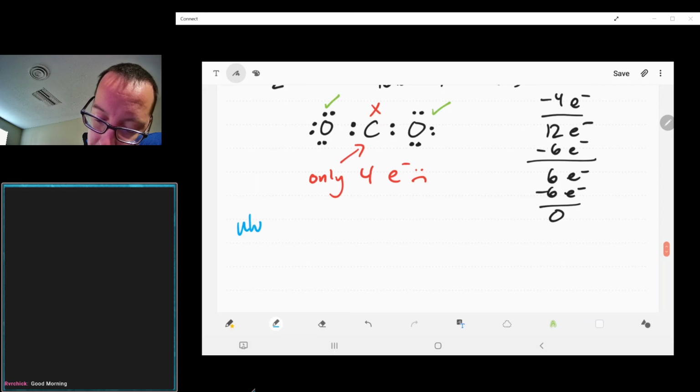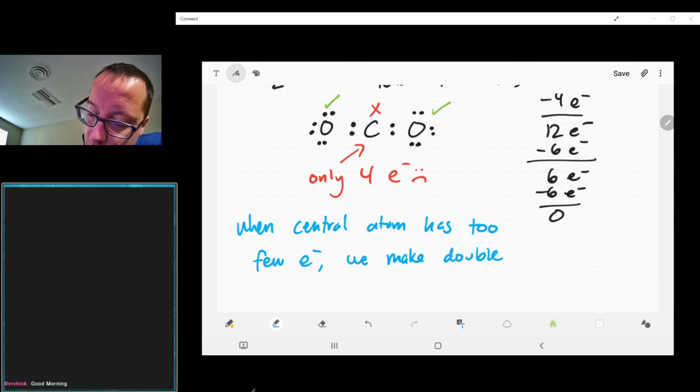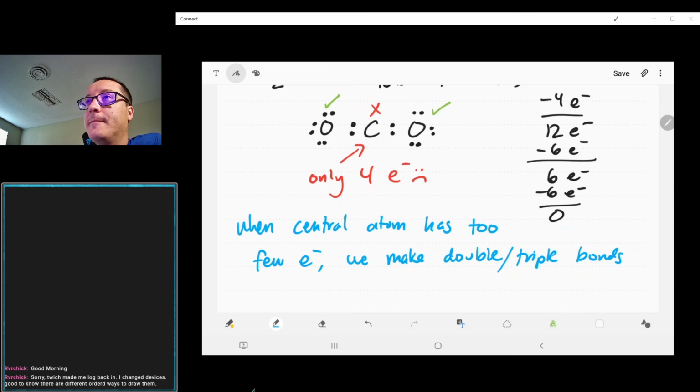So when the central atom has too few electrons, we make double or triple bonds. You can draw them in whatever way you like.